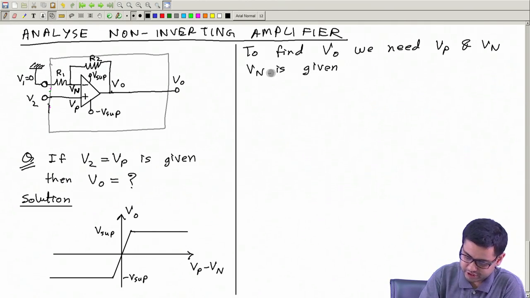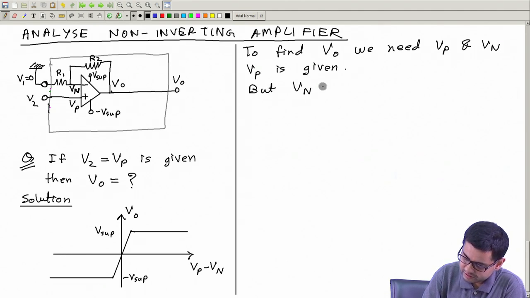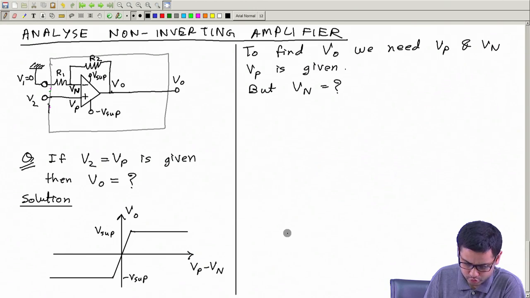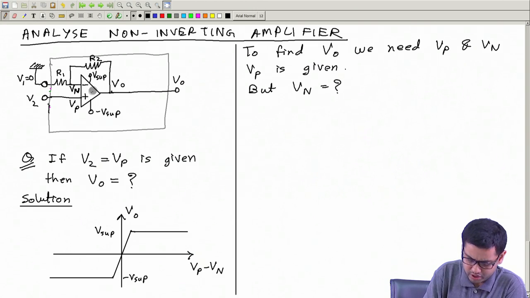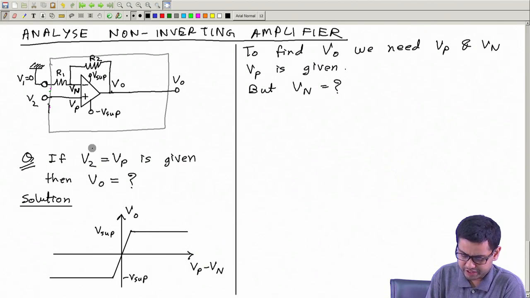Sorry, Vp is given but Vn equal to how much? Do we know that? No. But we can say something about Vn.